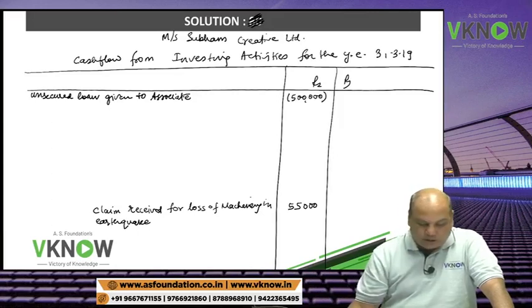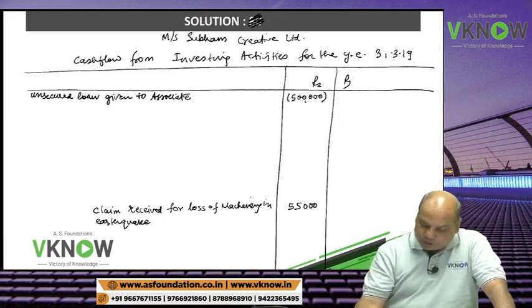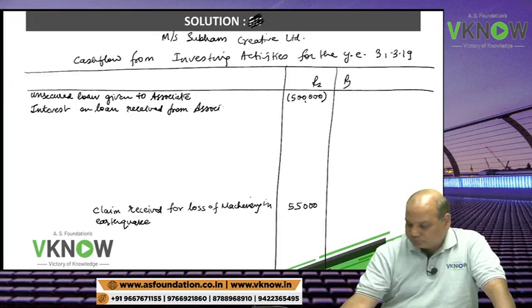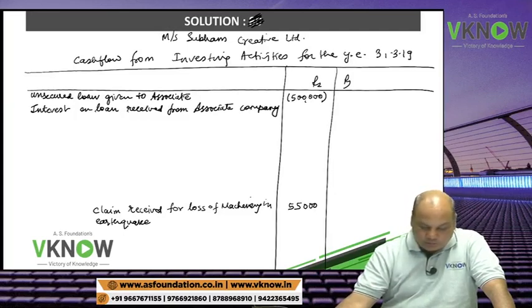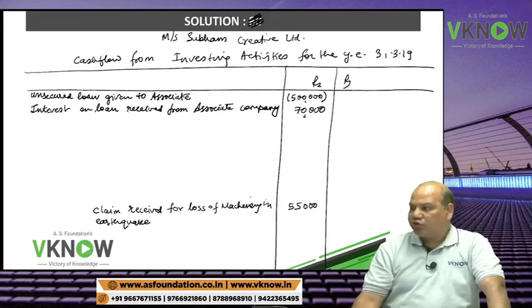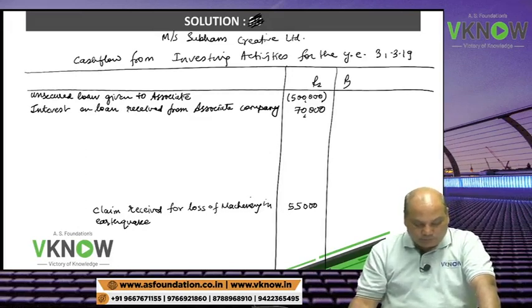In bracket indicates outflow. Then in the same place, second line, interest on loan received from associate company. From associate company, this will be inflow. This will be inflow 70,000.